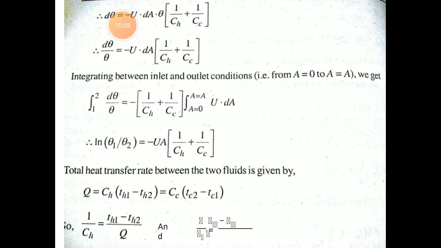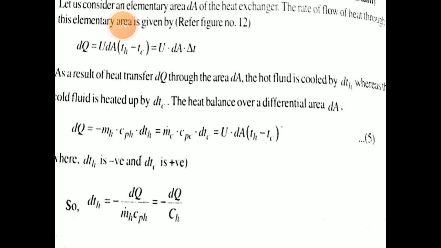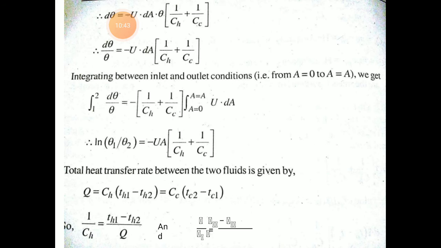So on solving, d theta is equal to minus U dA theta into bracket 1 upon Ch plus 1 upon Cc. Taking theta to the left side, we get d theta upon theta is equal to minus U dA into 1 upon Ch plus 1 upon Cc. We are going to find the heat transfer across the length, so we integrate from area 0 to the entire area.